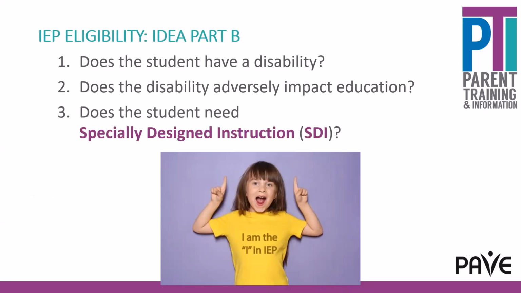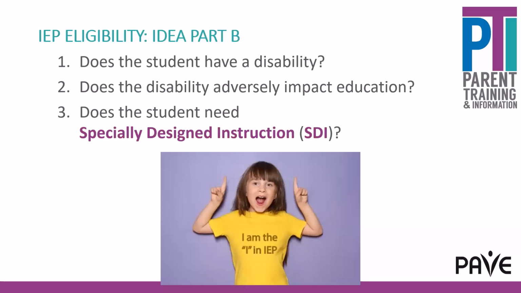The third question is unique to the IEP. If a student needs specially designed instruction, SDI, to make meaningful progress in education, then they are eligible for an IEP. They receive SDI through an Individualized Services Program. Each area of SDI includes at least one goal that is tracked within the IEP.